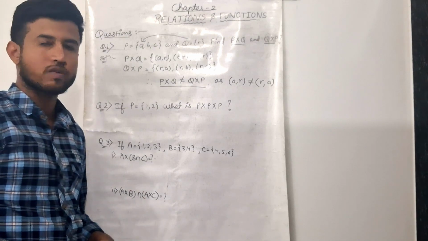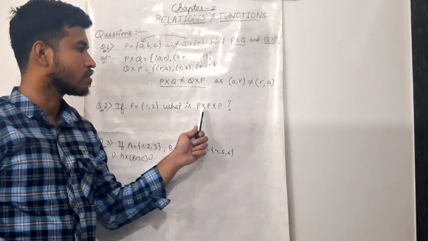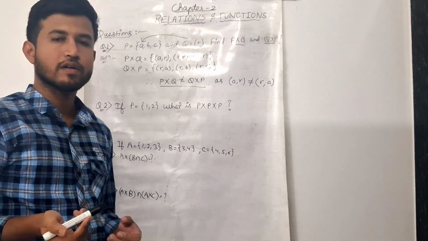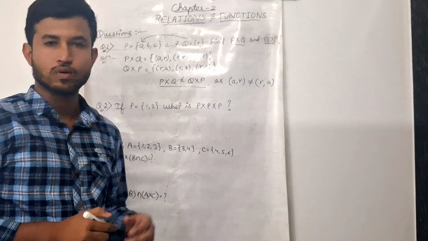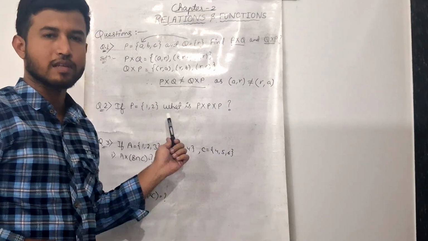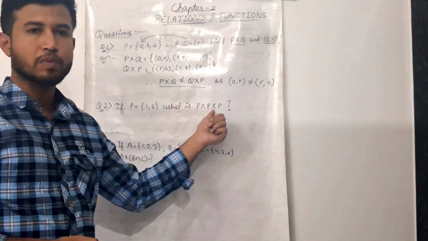Second question. If set P is given as 1, 2, what is P cross P cross P? A relation can be defined within a set, or between two sets, or many sets. So here it is a relation defined within the set. So what is P cross P cross P?